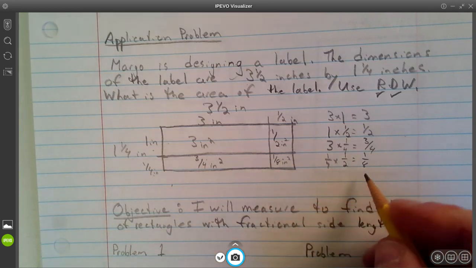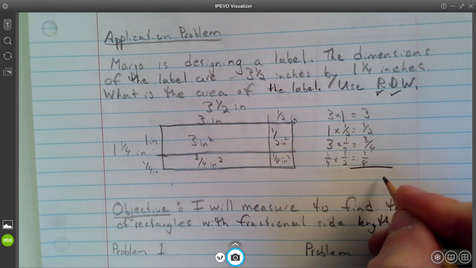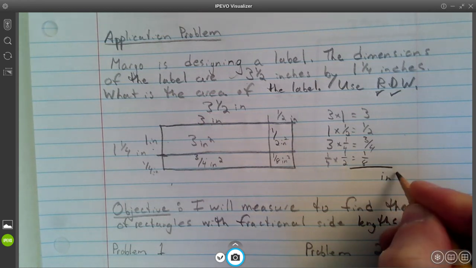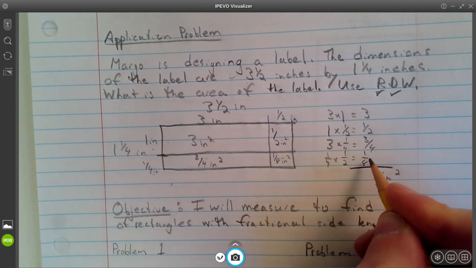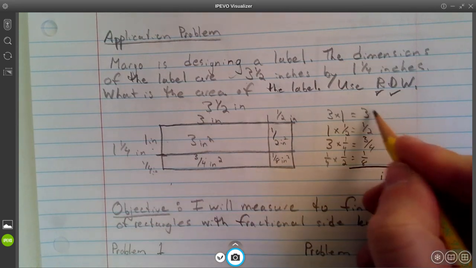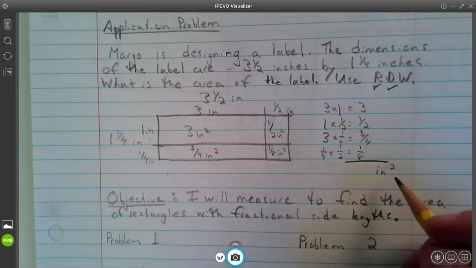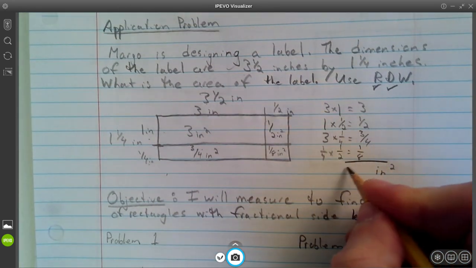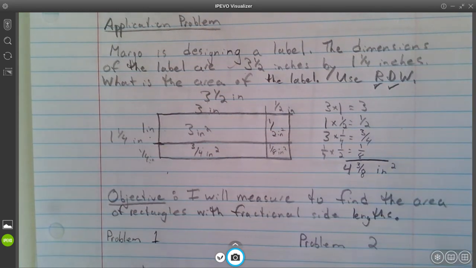And now I need to add all of these up, and it's going to be inches squared. Well, I don't want to get bogged down in that right now, but you add those up and the answer will be 4 3/8 inches squared.